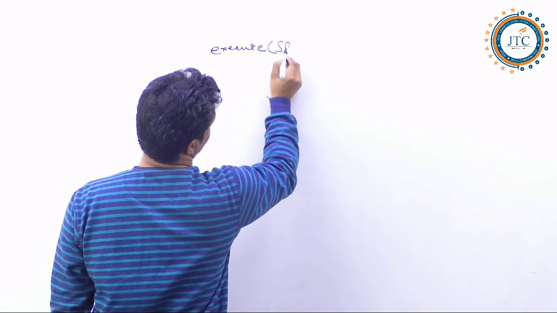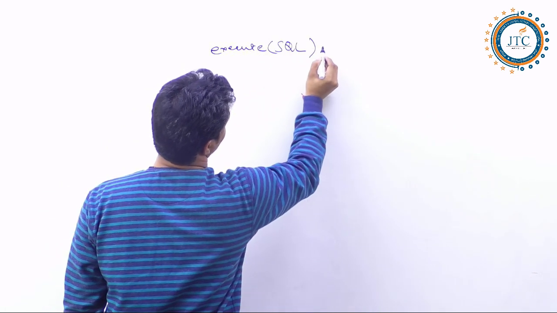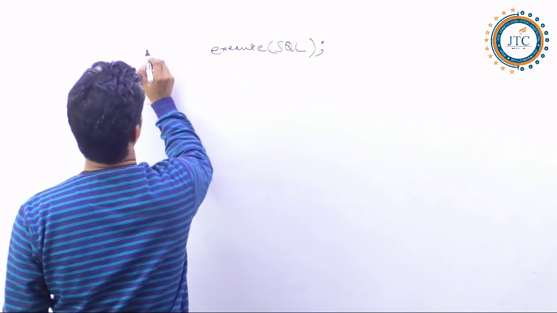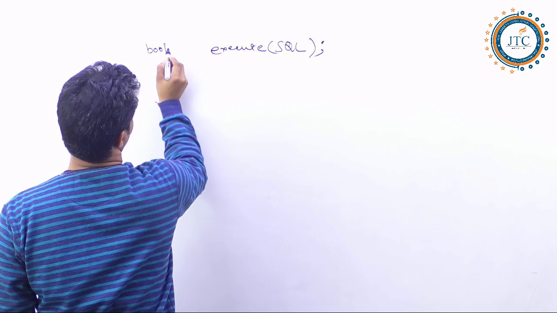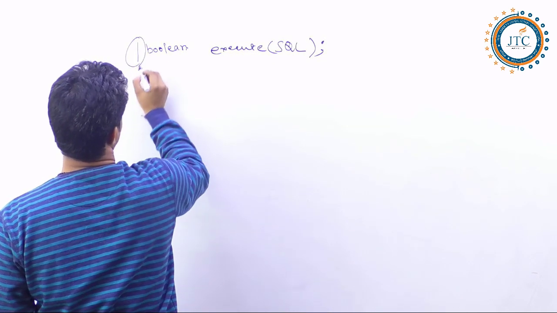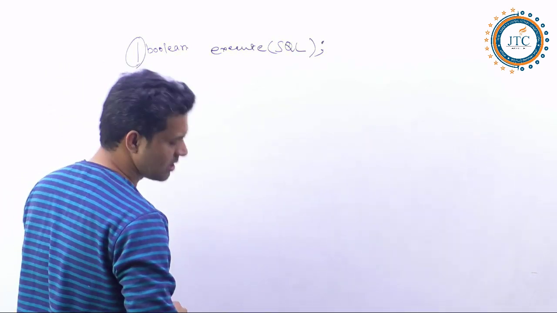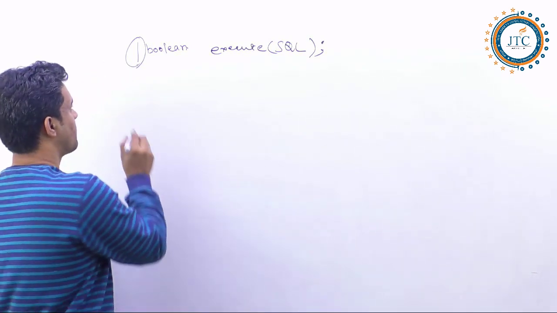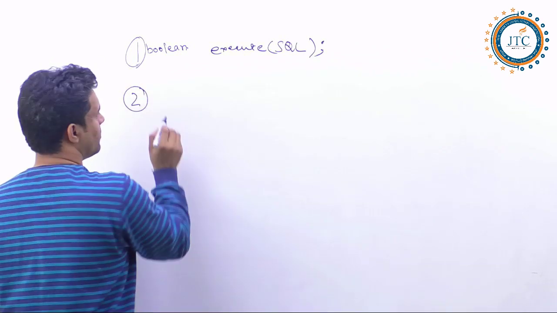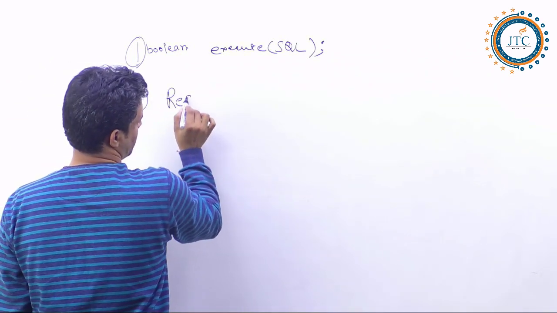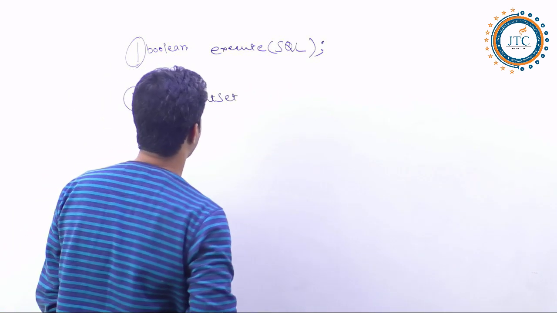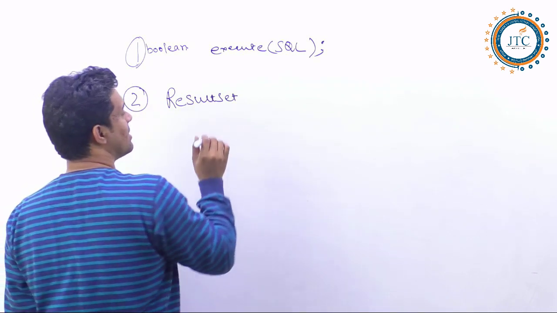Here you will pass an SQL query, and it has the return type of Boolean. This is the first method which I am having. The second method, here, returns a result set.